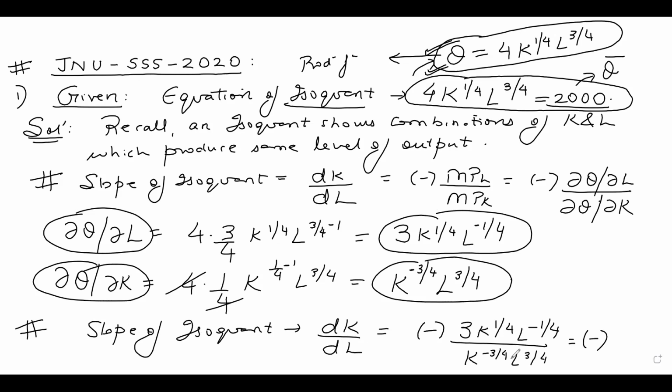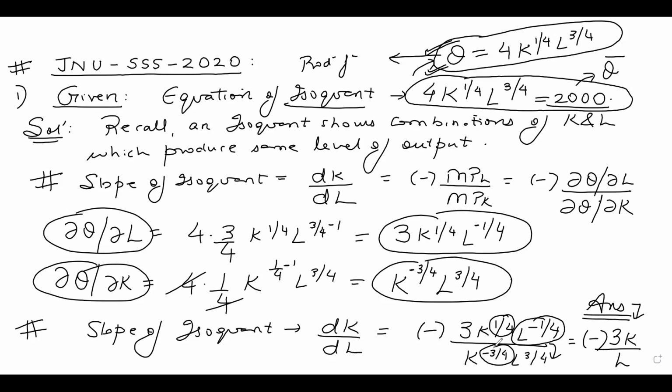If I calculate this, guys, you can use the powers. So I take K on the top: 1 by 4 plus 3 by 4 makes it K only. And I take L to the power minus 1 by 4 in the denominator, so L to the power 3 by 4 plus 1 by 4 is again L. So my answer is minus 3K by L.